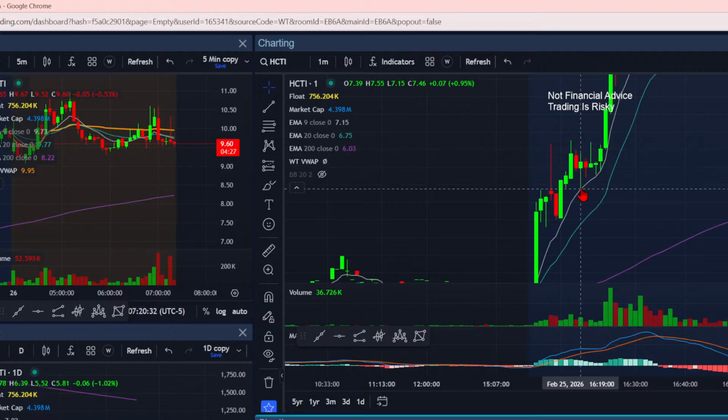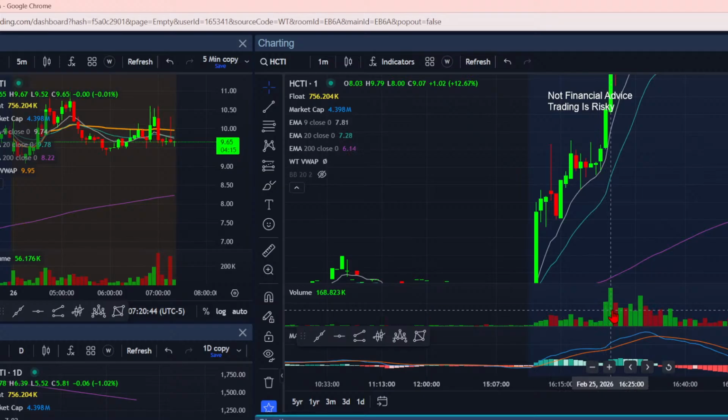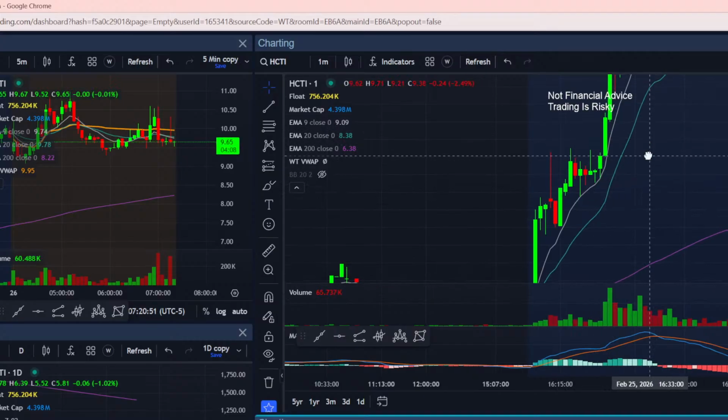Once traders probably got more confident, the more it scaled up right here. It was a bit risky because there's lower volume, so it's hard to get in and out, compared to right here with big volume candles. But that would have been a good trade right there.